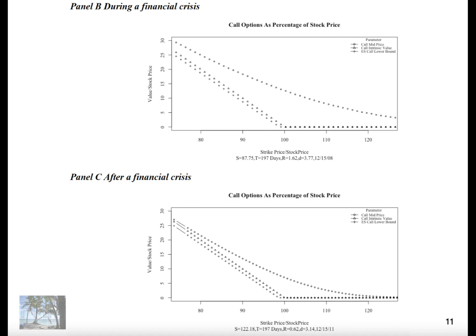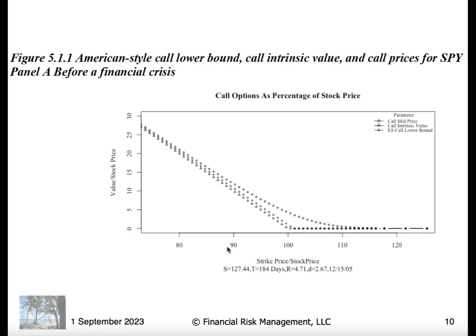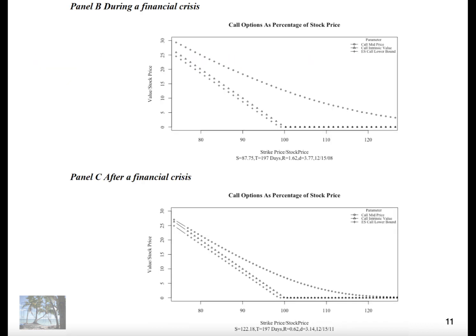If we look during the financial crisis, the first thing to notice is that the call prices are significantly higher. The second thing to notice is the index was trading at 87.75 in '08, but in 2005 it was trading at 127. So the underlying ETF SPY lost a tremendous amount of value. When the price goes down, the dividend yield actually goes up.